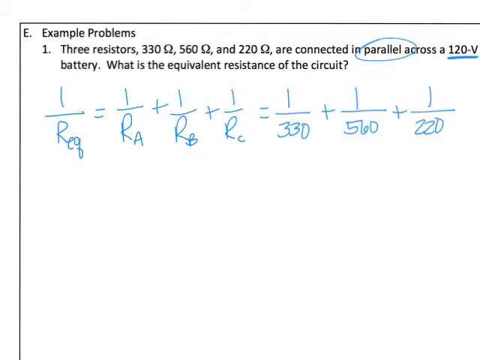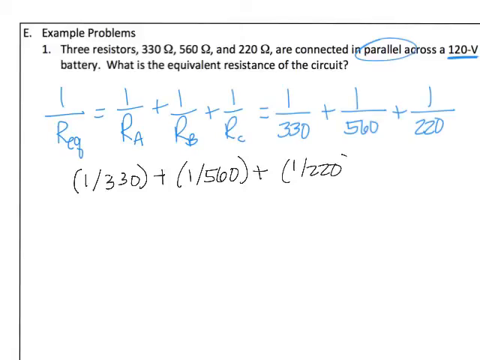Now remember, there are a few different ways you can type this on your calculator. One, you could do parentheses 1 over 330, and then close the parentheses plus, and then open the parentheses again, and type in that inverse, and then plus 1 over 220.